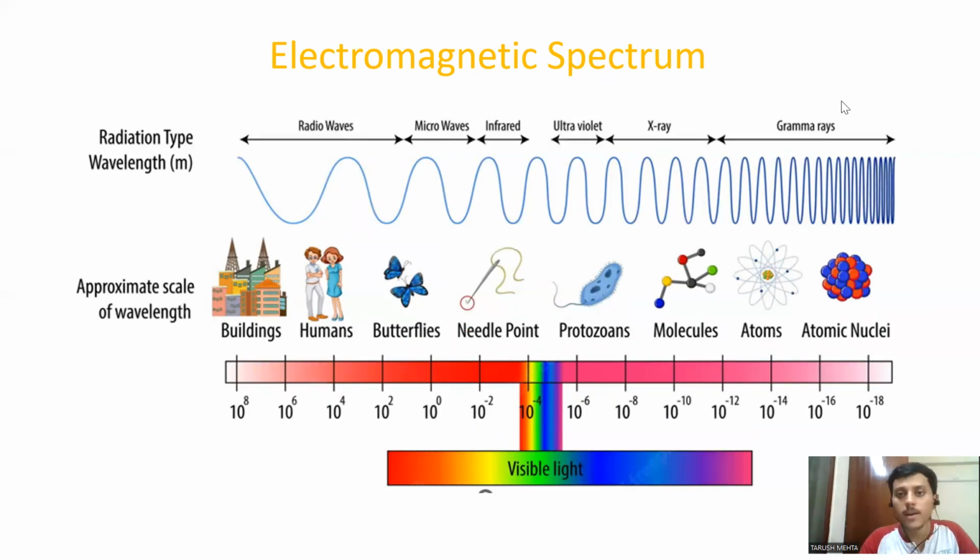Now moving on to the electromagnetic spectrum. Based upon the different frequencies or wavelengths, different frequency ranges and wavelength ranges in this electromagnetic spectrum are given different names. For example, for very short wavelengths, we have gamma rays and X rays.